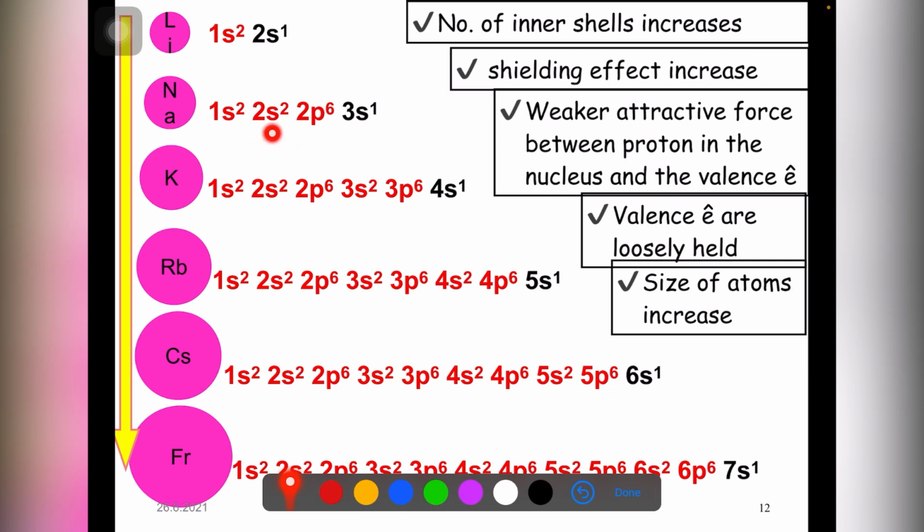When the number of inner shells increases, the shielding effect increases. The shielding effect is caused by the inner electrons, and it causes the attraction between the nucleus and the outer or valence electron to become weaker. There are weaker attractive forces between the protons in the nucleus and the valence electron. The valence electron is loosely held, and it causes the size of the atoms to increase.